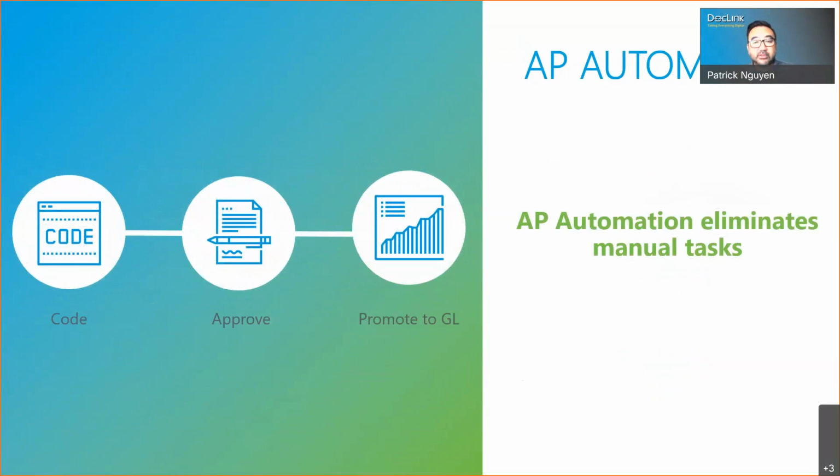Really, the only thing you'll need to do is, if it's a non-purchase related invoice, code it. Any approval process that needs to happen is managed electronically, and then promoting to GL, which is the integration into your ERP system. A lot of manual steps completely eliminated.